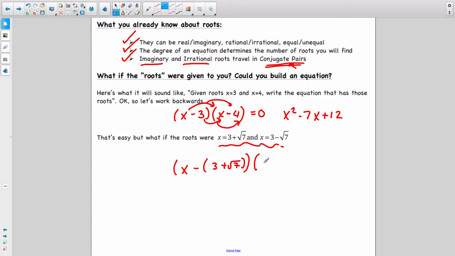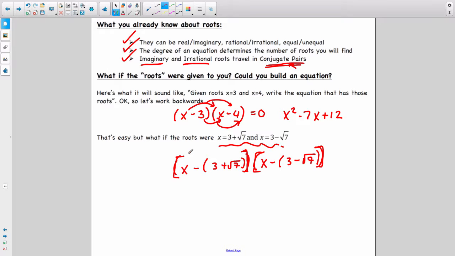And then this guy would be x minus 3 minus radical 7. It sort of looks crazy at this point. So here's my 2 binomials. Who's going to do this? That distribution looks pretty insane.